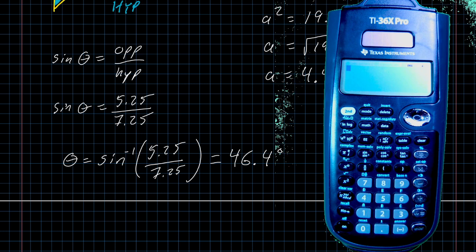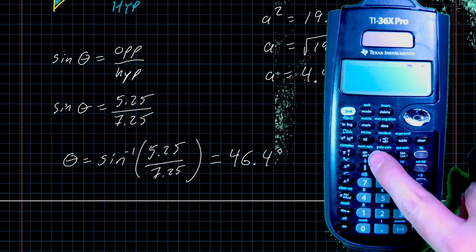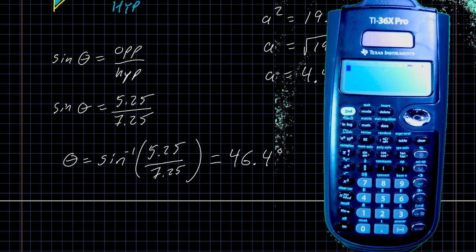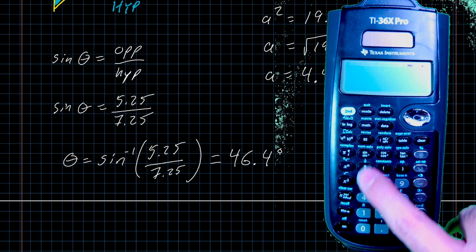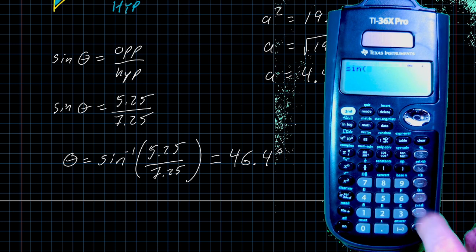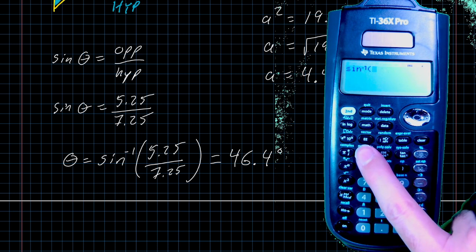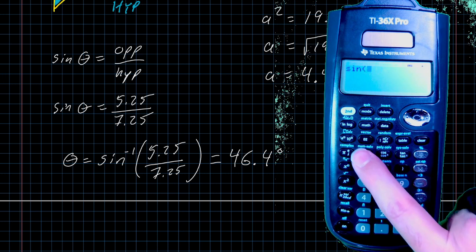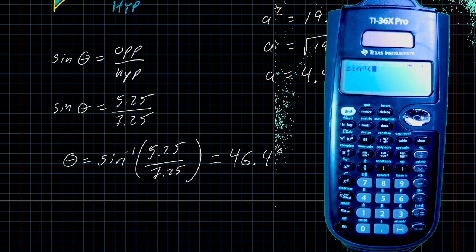But this calculator is weird because it has sine and inverse sine on the same button. The way this calculator works, if I push the button once, it says sine. If I push the button a second time, it switches to the inverse sine. If I push it some more, it goes to these other things, the sinh and the inverse sinh function, those as well beyond the scope of the course.